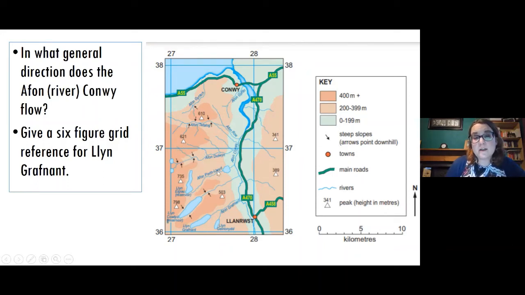I often find it easier just to divide it in half and know that's my 5, and divide it across and know that that's my 5, and then make dots from there, because I find it easier to remember that way. So if we looked here at our Nant, we would be 27, 1, 2, 3, 36, 1, or 36, 2, to identify that feature with our 6-figure grid reference.